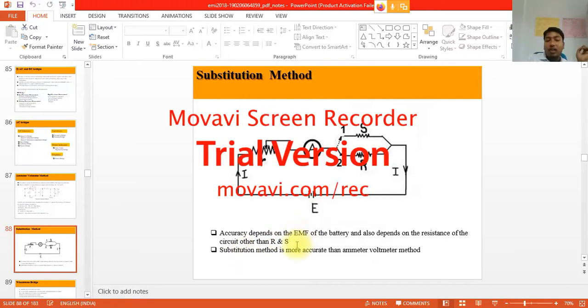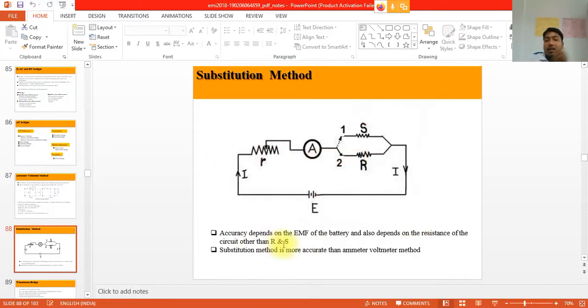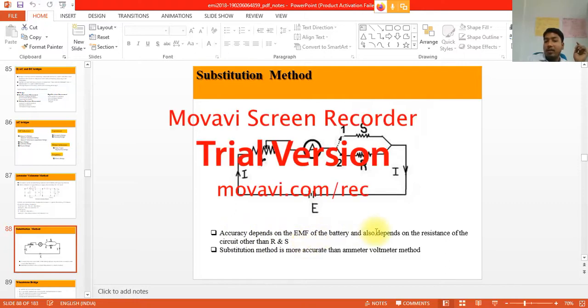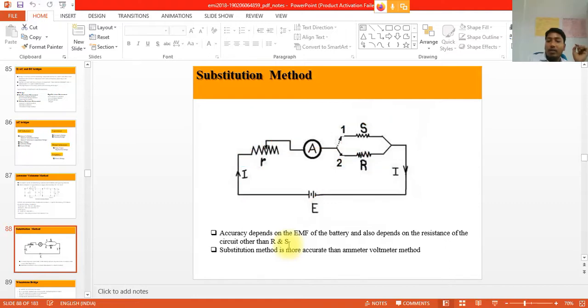What is the principle of this method? Accuracy depends on the EMF of the battery and also on the resistance of the circuit other than RS. The substitution method is more accurate than the ammeter voltmeter method.